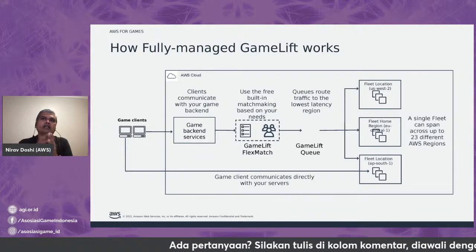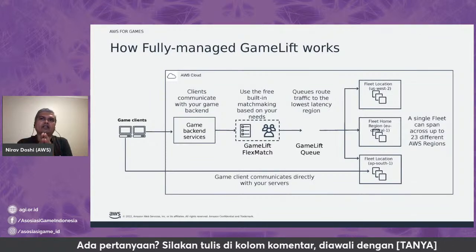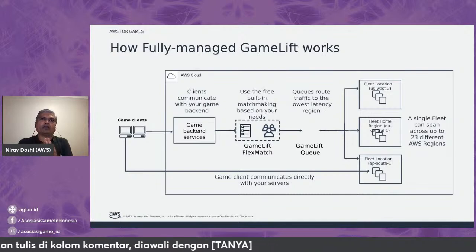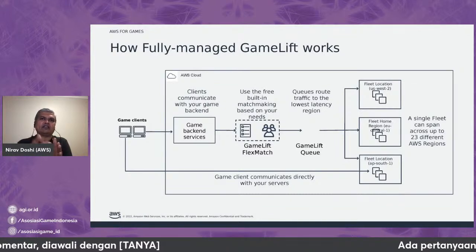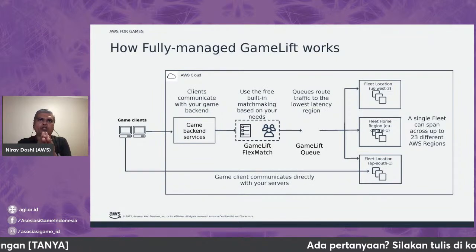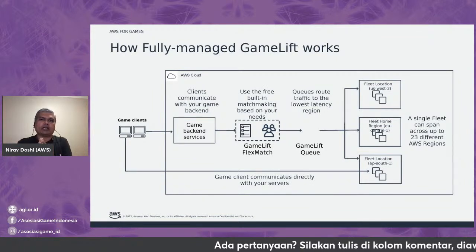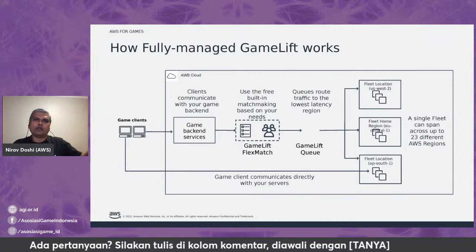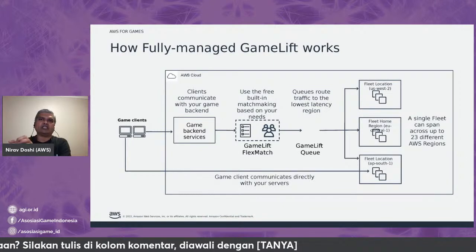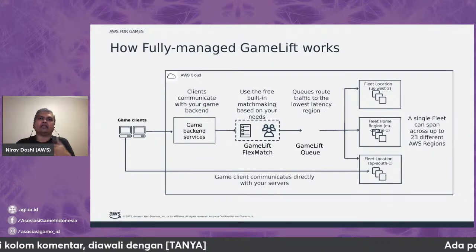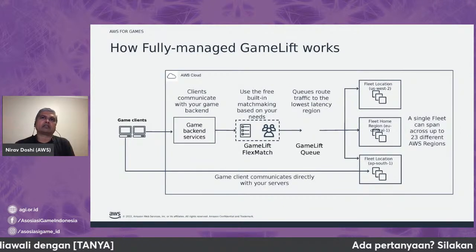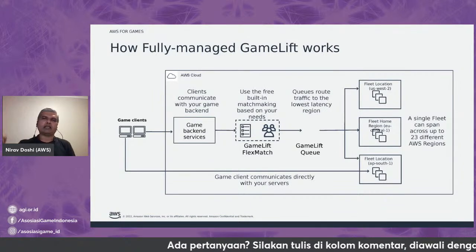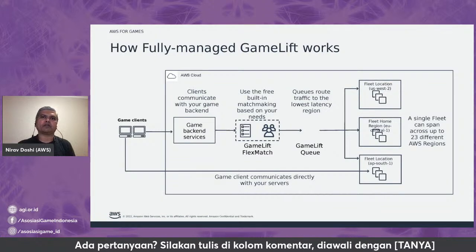So if you have a fleet running in US West, a fleet running in Europe and a fleet running in Asia, based on where your player location is, based on the latency information, the queue will place your player into that right fleet. After they are placed in that fleet, the client will now directly connect to the server over TCP or UDP, and then initiate their gameplay. So everything in the box is taken care of for you, and that's really what we're trying to highlight to you.